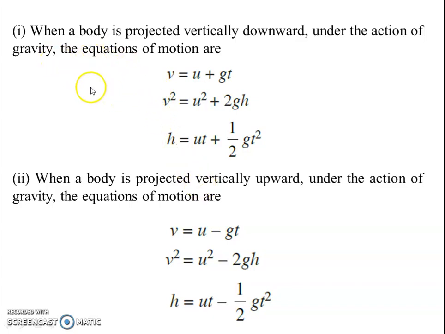There is no change compared to the equations of linear motion, except this: instead of acceleration A, here we will substitute G, meaning acceleration due to gravity, and distance S is substituted by height H, since distance is measured in terms of height from the earth surface. These are the only changes made to the equations of rectilinear motion.